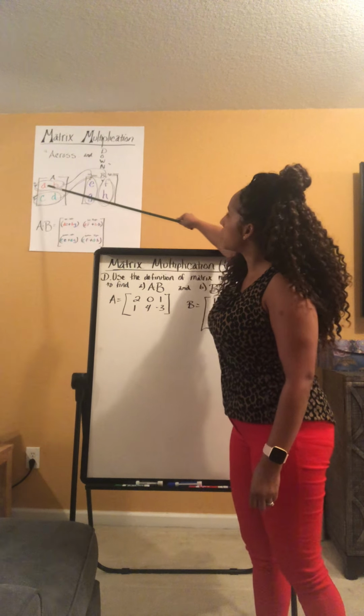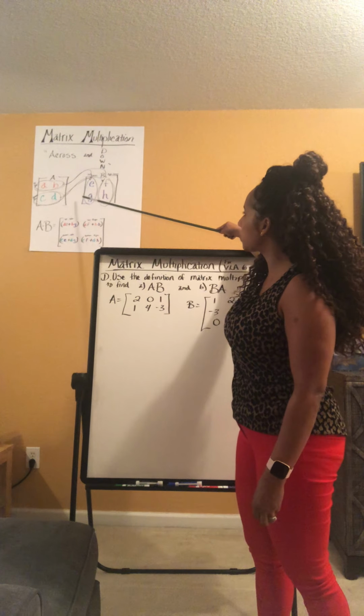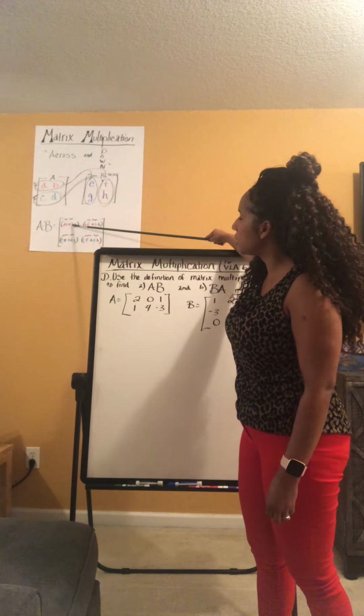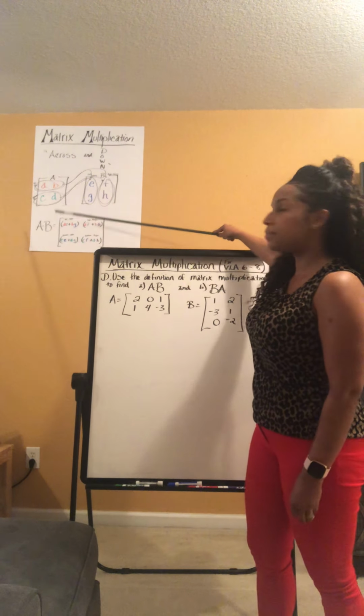That comes from the top row and the left column, so it goes on the top left space of A times B.